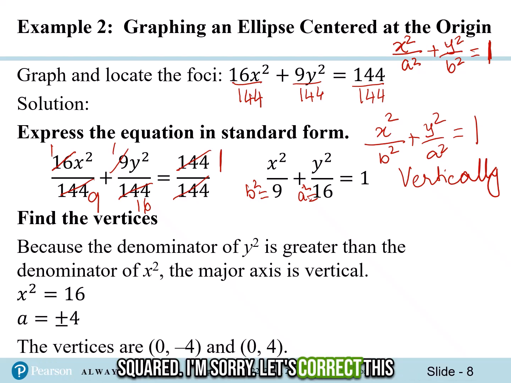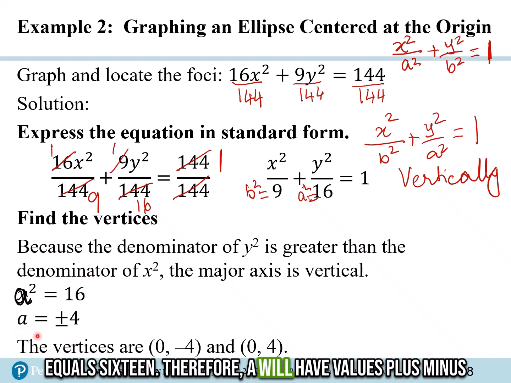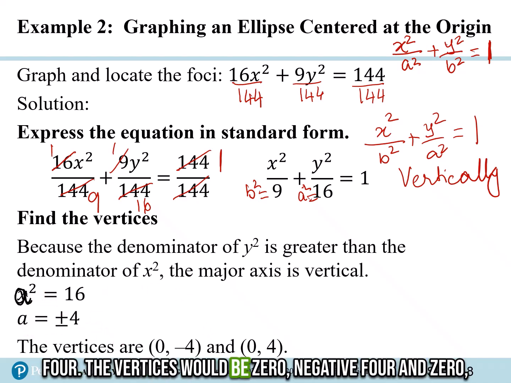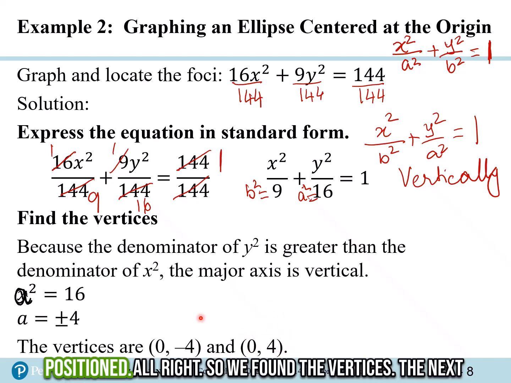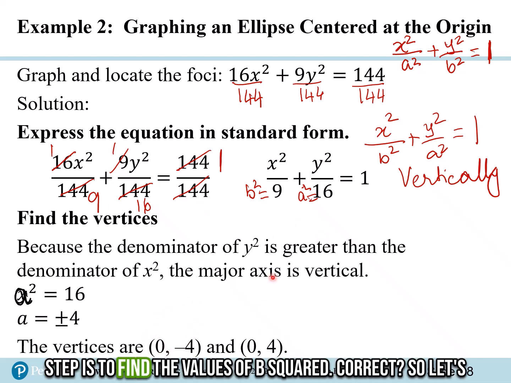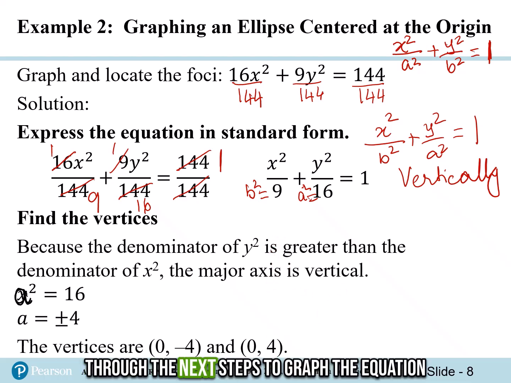I'm sorry. Let's correct this. It's not x squared. It's actually A squared. So A squared equals 16. Therefore, A will have values plus minus 4. The vertices would be 0, negative 4 and 0, 4 because it is vertically positioned. All right. So we found the vertices. The next step is to find the values of b squared, correct? So let's go on to the next slide to go through the next steps to graph the equation.